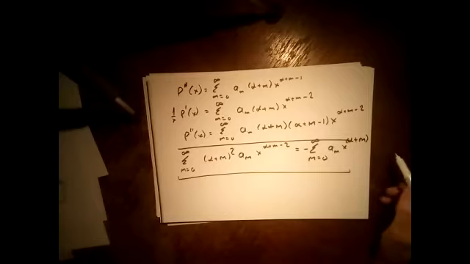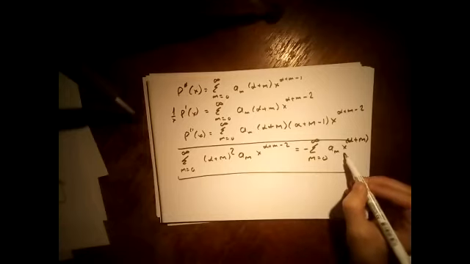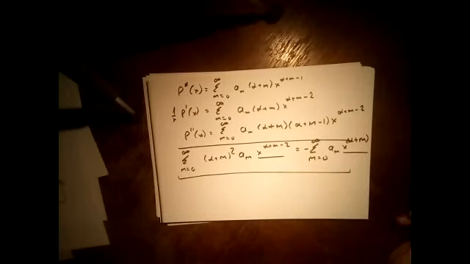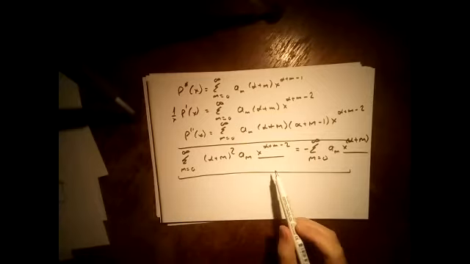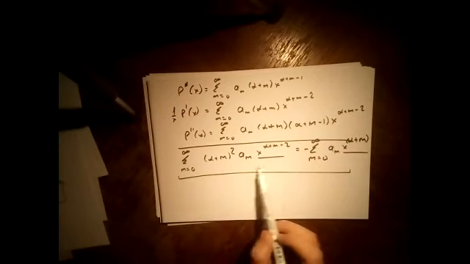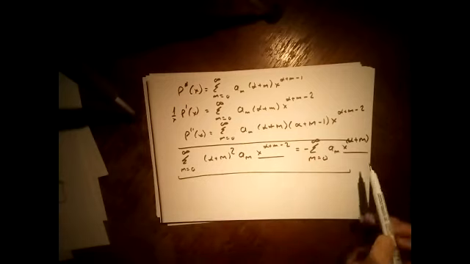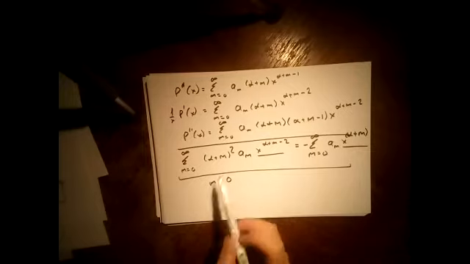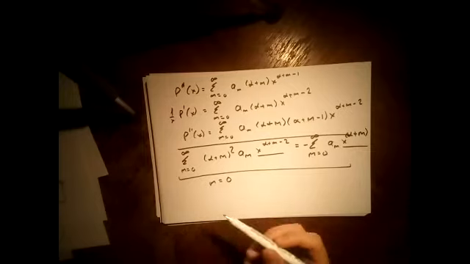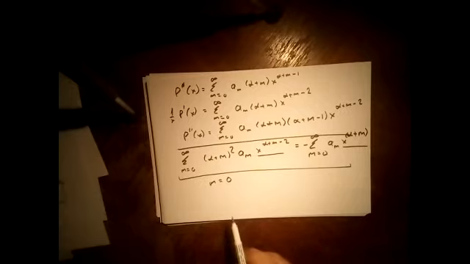The first thing that we should note is that here we have an x to the alpha plus m, and here we have an x to the alpha plus m minus 2 term. So this series, where it begins, the very first term on this side will not have a matching term on this side. And the very first term, of course, is the m equals 0 term. So the first thing we can do to make everything work well is to set alpha equal to 0.